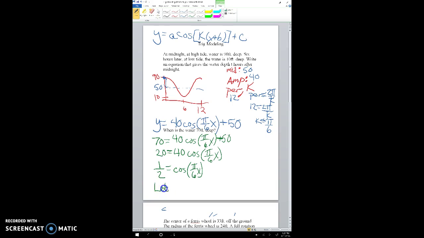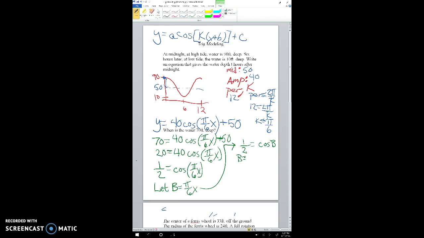Anytime there's stuff inside the parentheses besides the variable by itself, I'm going to make up just a stand-in variable to take its place. And so now this equation becomes 1/2 equals cosine of b. Now you can go to the unit circle.